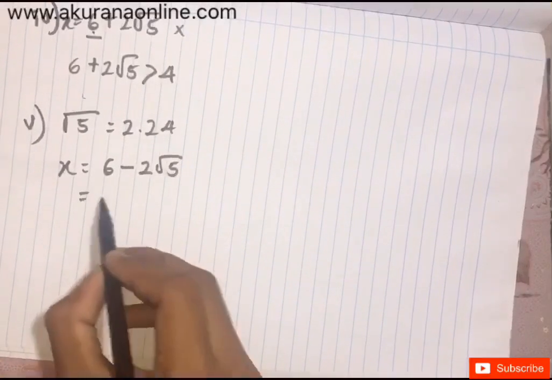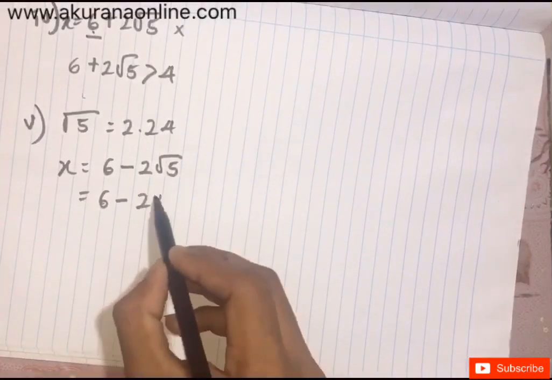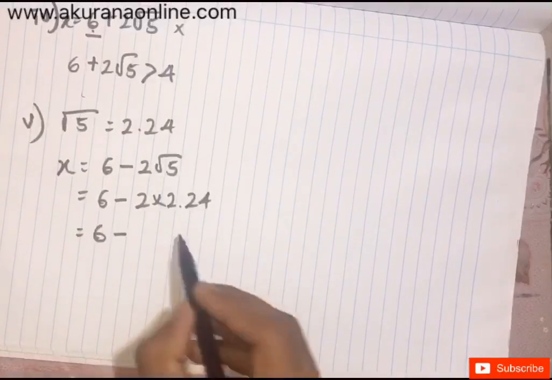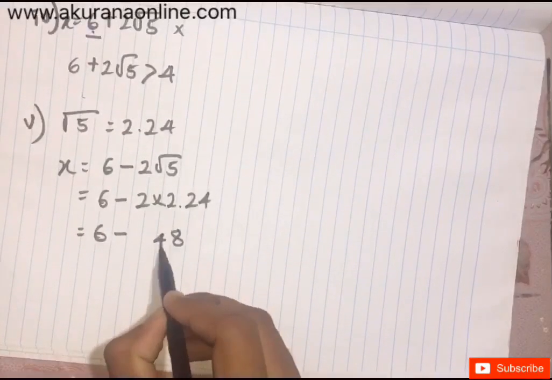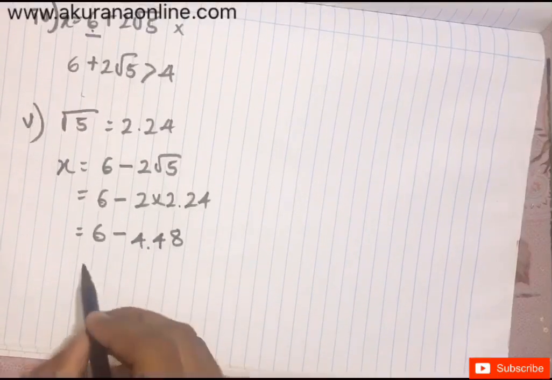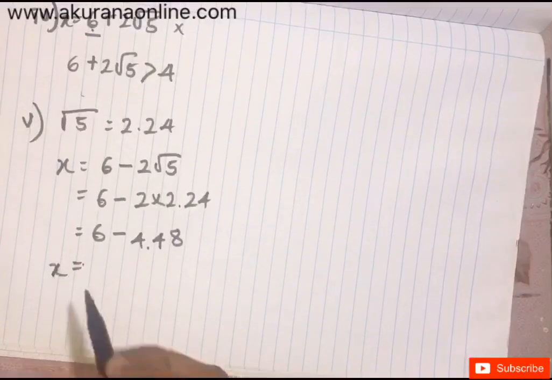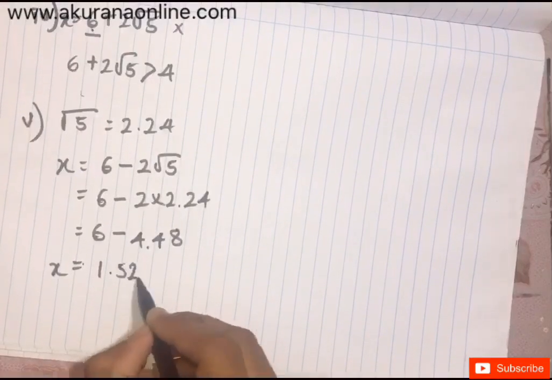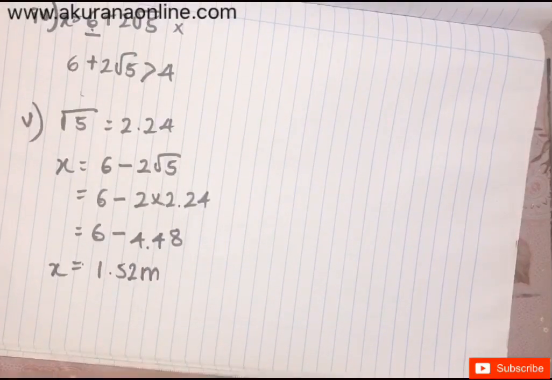Root 5 is already given. 6 minus 2 into 2.24 is equal to 6 minus 4.48. So simply x will be equal to 1.52 meters. Okay. Now the next part will be the B part.